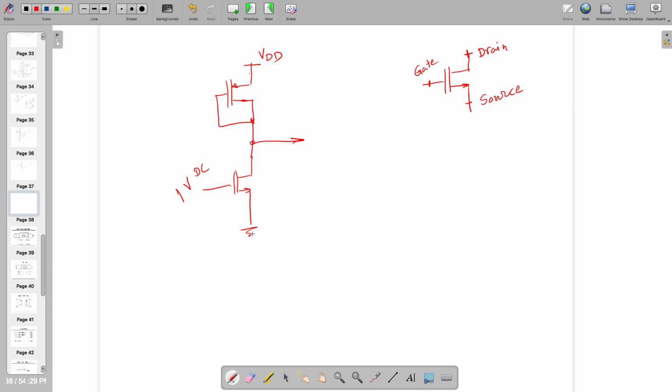Can you tell me the configuration of such kind of circuit? There may be three possibilities for MOSFET: common gate, common drain, and common source.